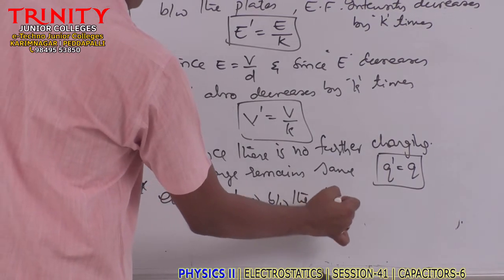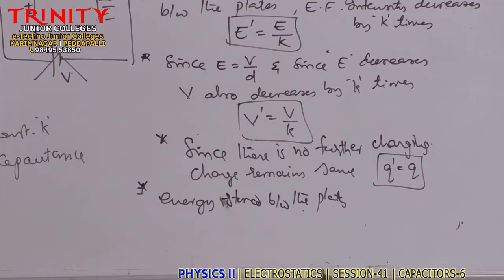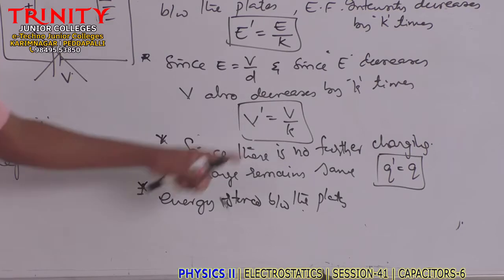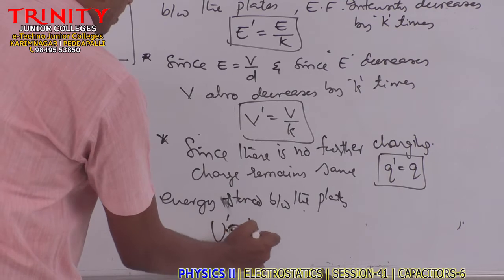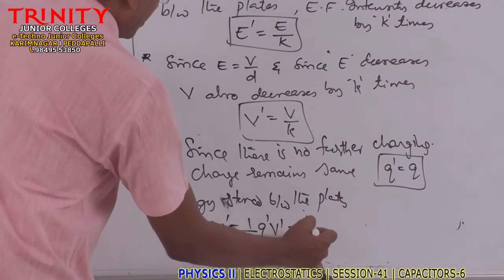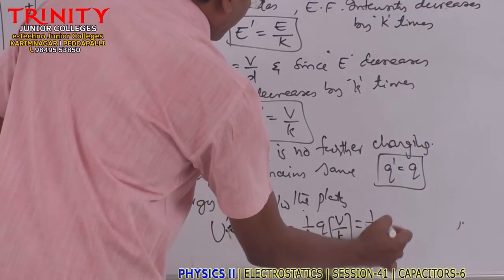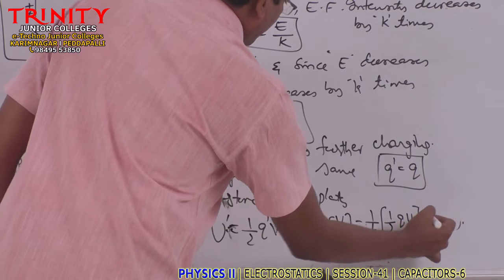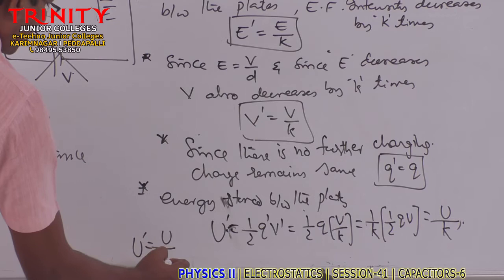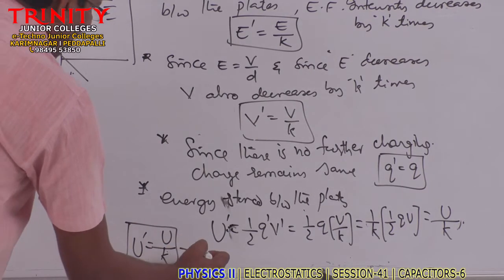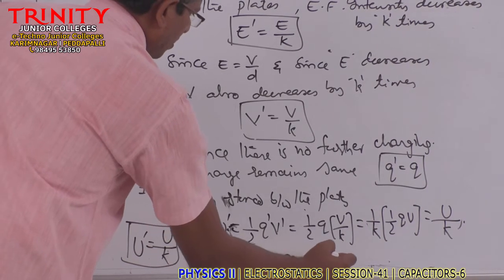Let us make use of this formula because charge is the same and the potential decreased by K. So, new energy is, let us use half Q dash V dash, but Q dash is Q, V dash is V by K. So 1 by K, half QV, that is nothing but U by K. Therefore, in the previous case energy increased, and here energy stored decreased by K times.